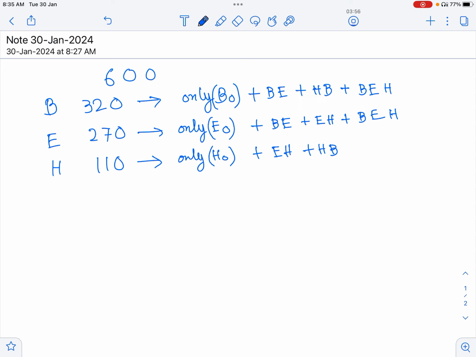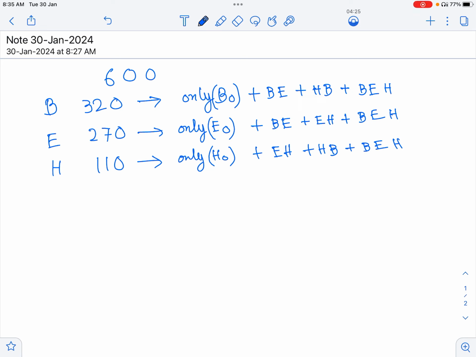who learn Hindi along with another language. It also includes those students who learn Hindi along with Bengali and English. So along with it, it includes plus BEH, the number of those students who learn all three languages, that is Bengali, English and Hindi, because these students also learn Hindi.